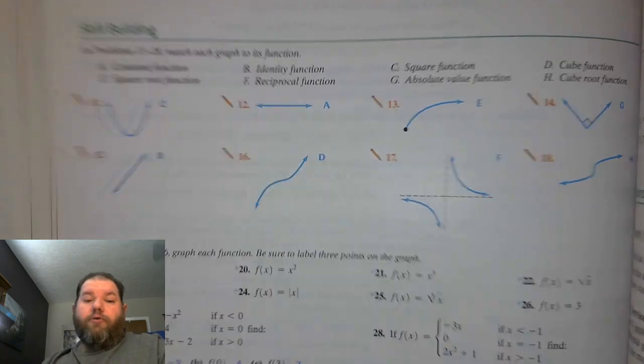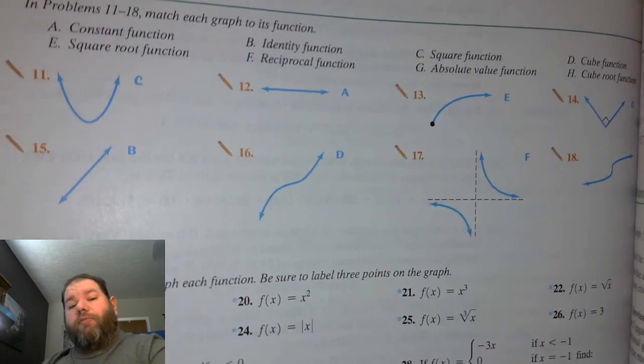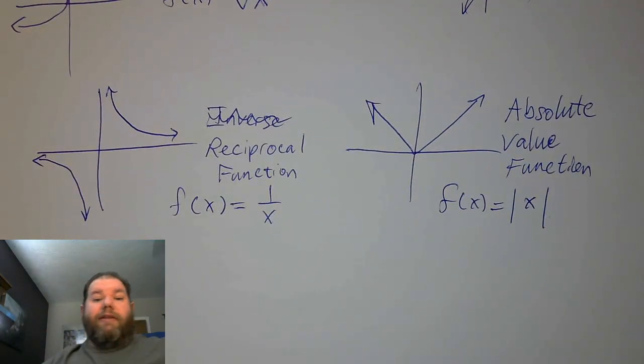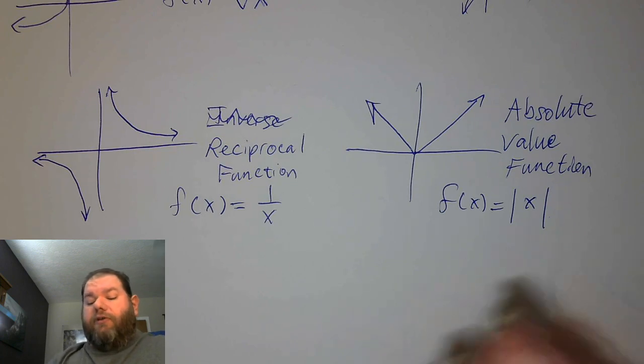Now, we will do more with the library of functions in section 3.5 on Wednesday, like I said, but at least for today, that's the extent that we cover it. The other topic we want to look at today is what's called piecewise defined functions.